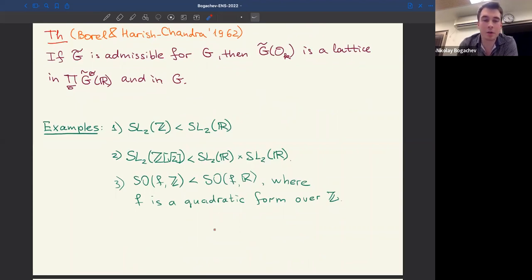So we can consider a quadratic form, and we can also take the group of automorphisms of this quadratic form. So we just take all the integer transformations preserving the matrix of the quadratic form, and in this case we will get also an arithmetic lattice sitting in SO(n,1).